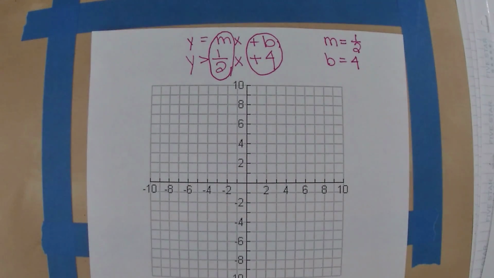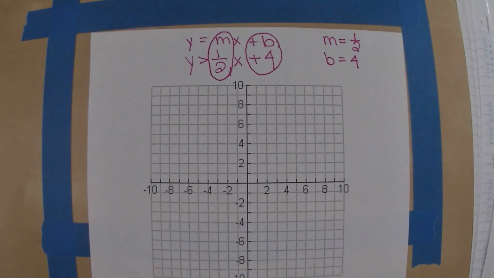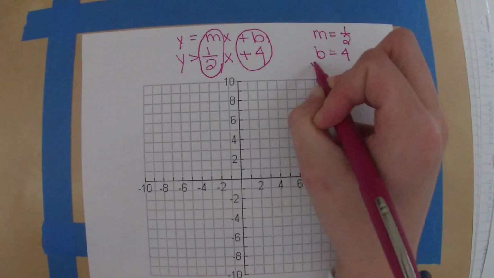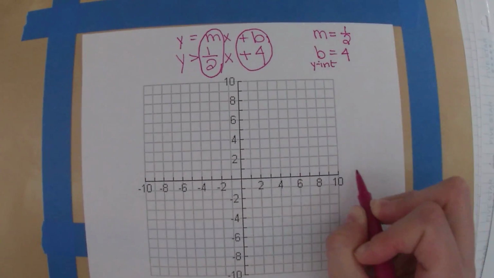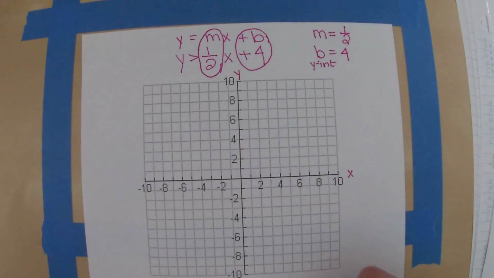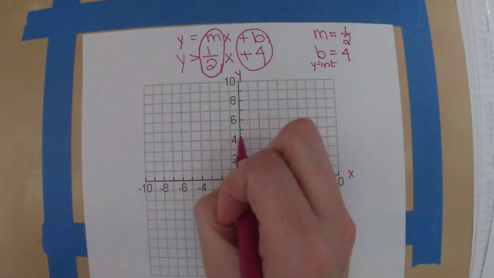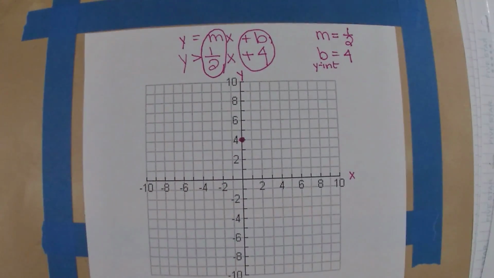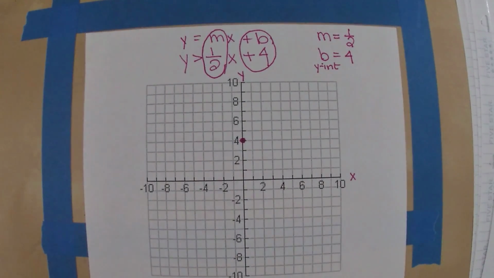Once we find those two pieces, we are then going to plot b. Remember, b stands for our y-intercept, which means b has to go on the y-axis. So I'm going to go to 4 on my y-axis, just like we've been graphing.